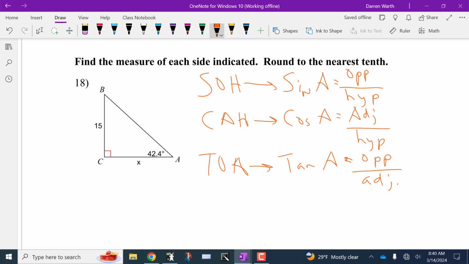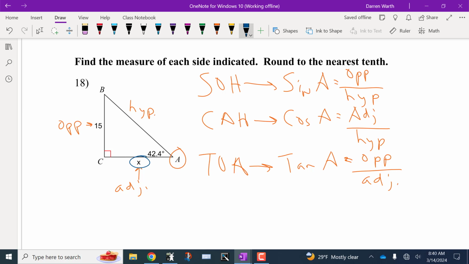So remember, I'm working from this angle right here. This side right here would be my adjacent. This right here would be my opposite. And this right here would be my hypotenuse. So I want to go ahead and find out what the value of x is.